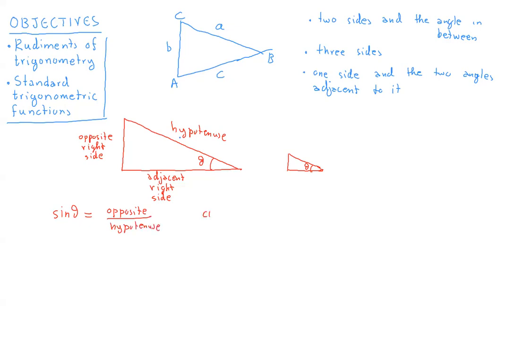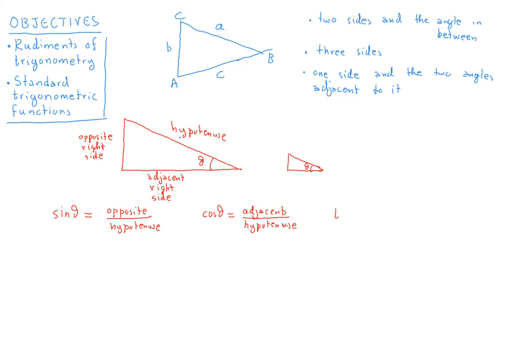The cosine of theta was defined as the adjacent right side over the hypotenuse, the quotient, how many times the adjacent side fits into the hypotenuse.